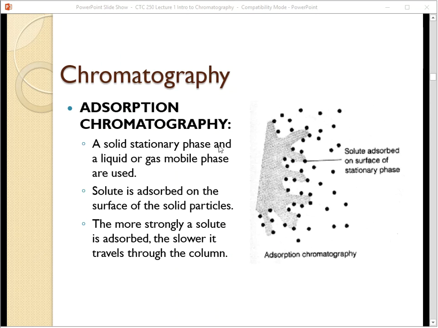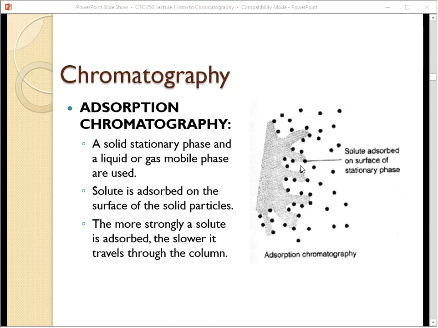So it's a solid stationary phase and a liquid or gas mobile phase that can be used in the setup. The key here, though, is that it's a solid stationary phase. Solute is adsorbed on the surface of the particles, and the more strongly a solute is adsorbed, the slower it travels through the column, right?